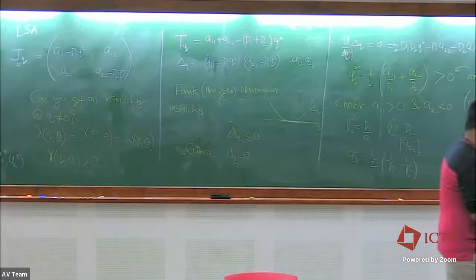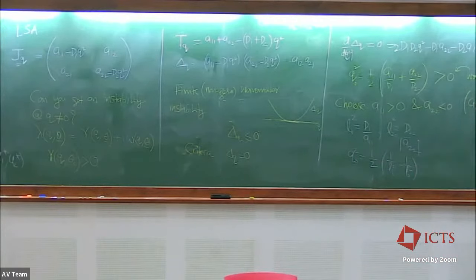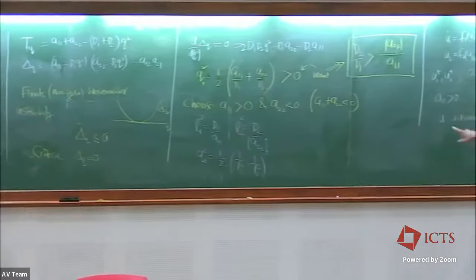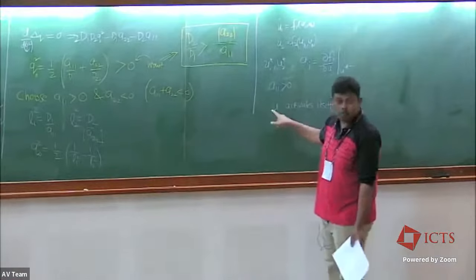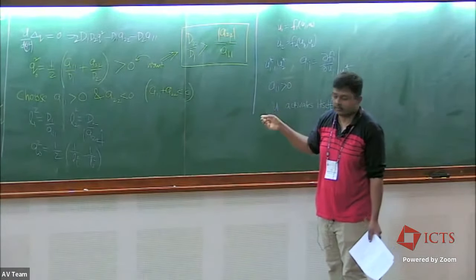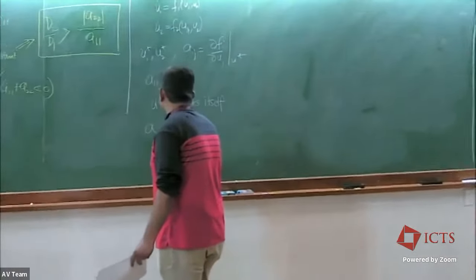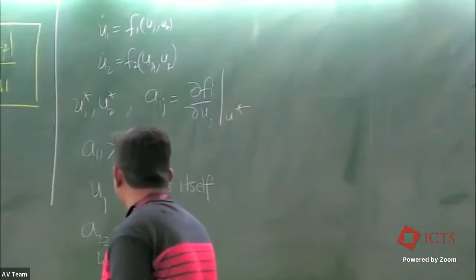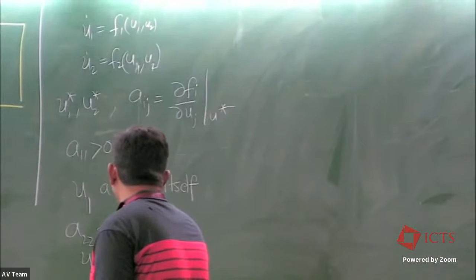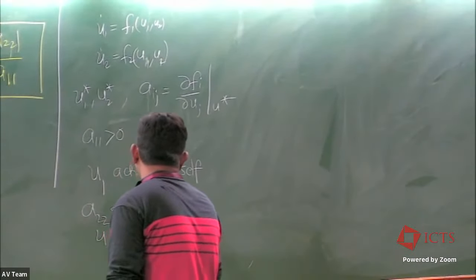So the statement here is therefore that if A11 is positive, what does that really mean? As a chemical concentration, U1 makes more of itself. If A22 is negative, it means U2 inhibits itself.